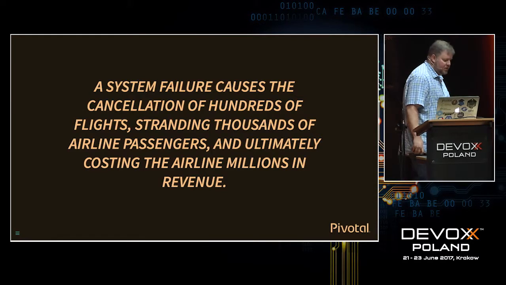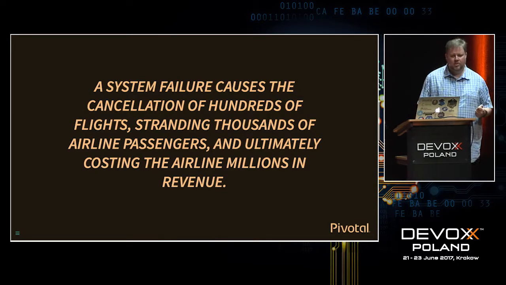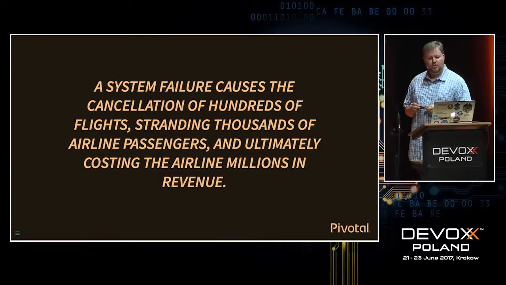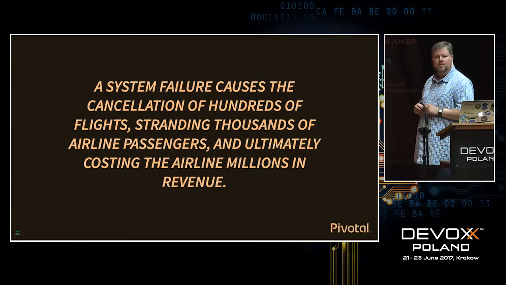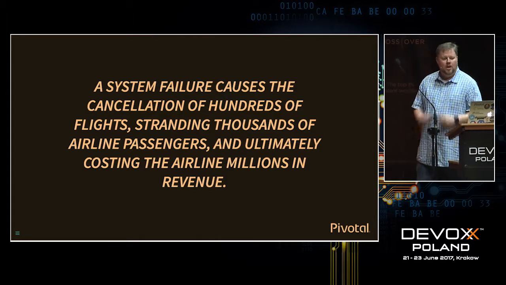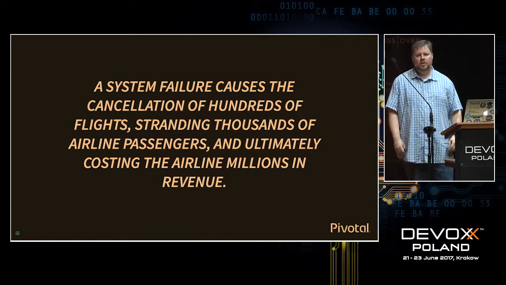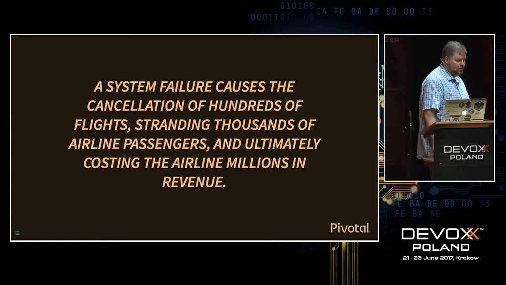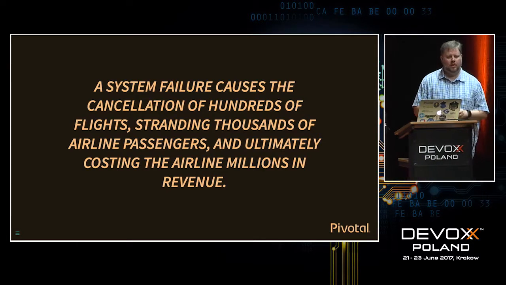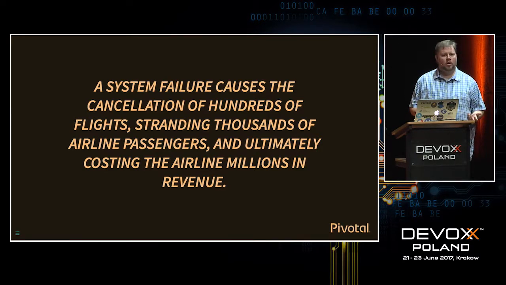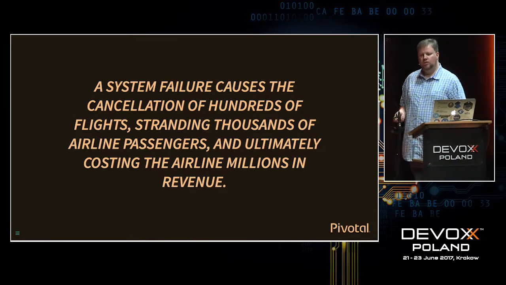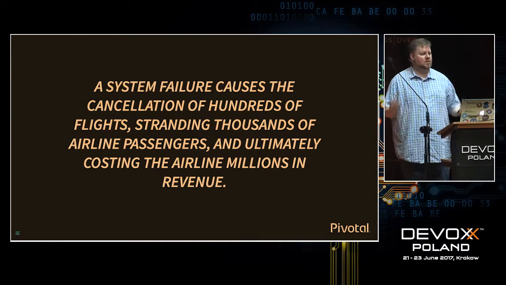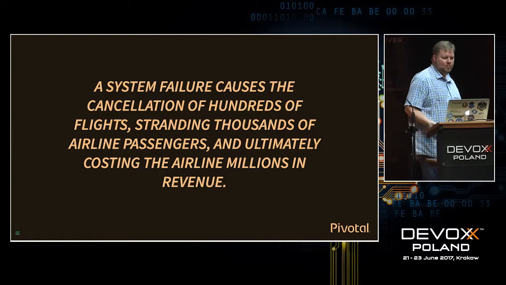This one is near and dear to my heart because of my lifestyle. System failure causes cancellation of hundreds of flights, stranding thousands of airline passengers, ultimately costing the airline millions in revenue. If you're familiar at all with the way airline travel works, you know that if you lose even a few flights, that not only strands passengers, but it also puts planes out of position.